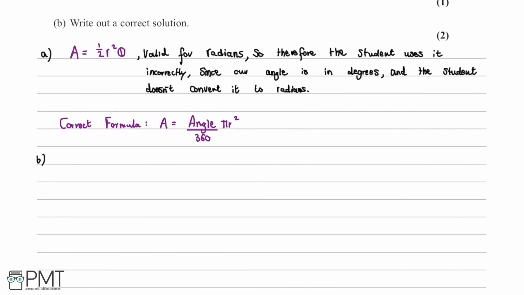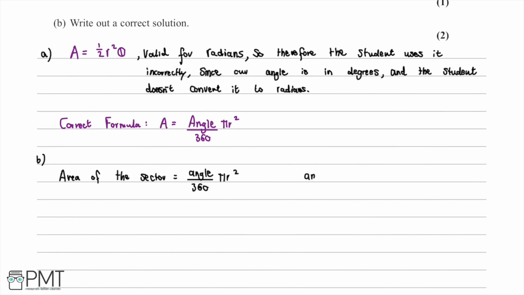Now moving to part B of this question, we're asked to write out the correct solution. So we'll do that as follows. We'll have that the area of the sector is going to be equal to the angle, and we divide that by 360 and we multiply by pi r squared.